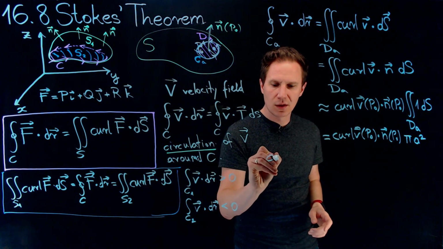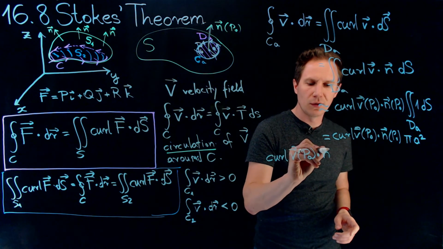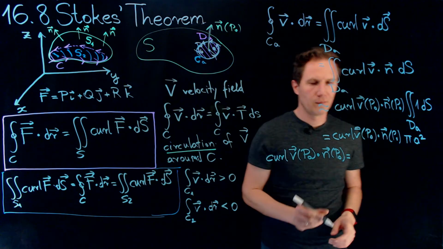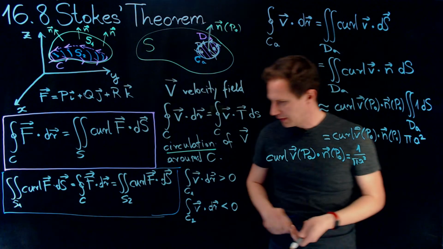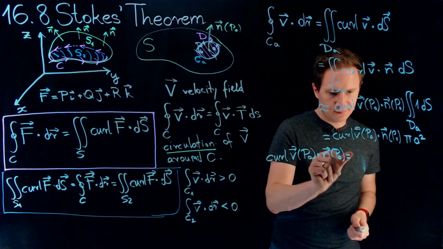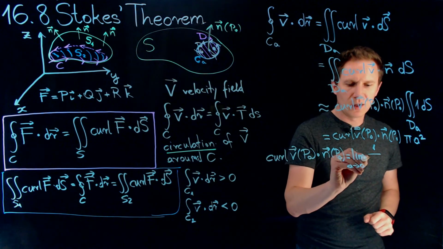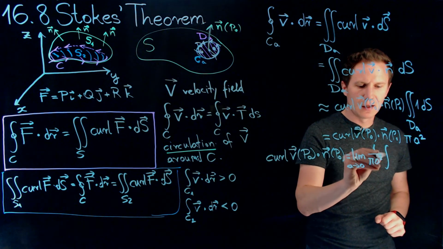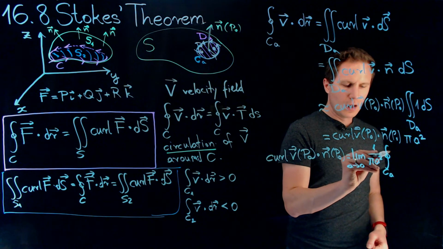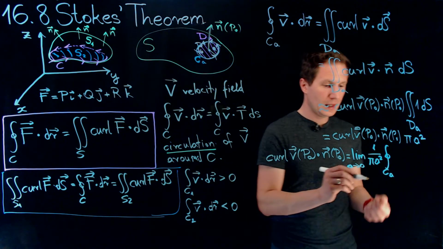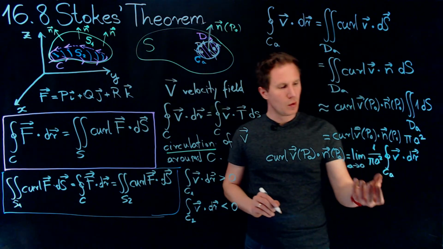So we can rearrange this to write that the curl of V at the point P0 dotted with the normal vector at P0 is equal to the limit, as a goes to 0, of 1 over pi times a squared times the line integral around that circle CA, centered at P0 and having radius a, of V. So this is the circulation of V around that small circle, which gets smaller and smaller.